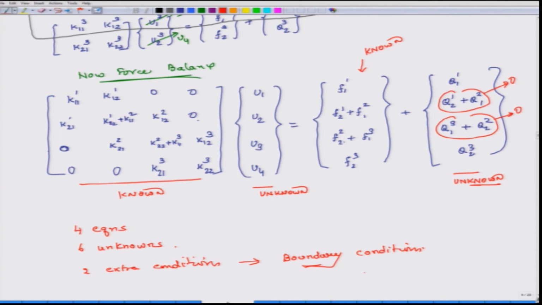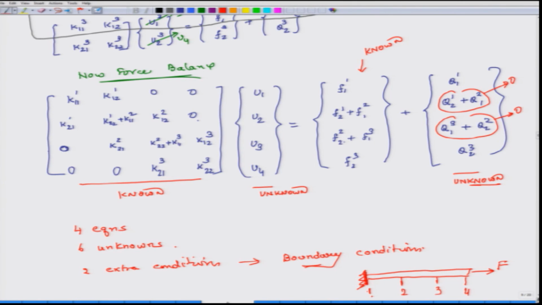So, you can have a bar, suppose this bar is like this and I am pulling it like this. So, this is node 1, this is node 2, node 3, node 4. Then in this case, what are the 2 extra conditions?